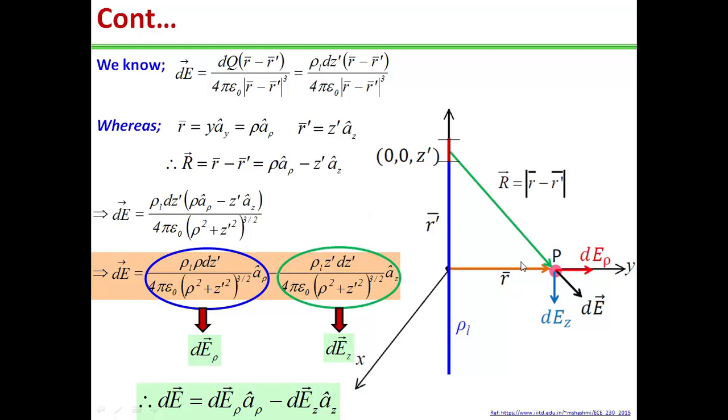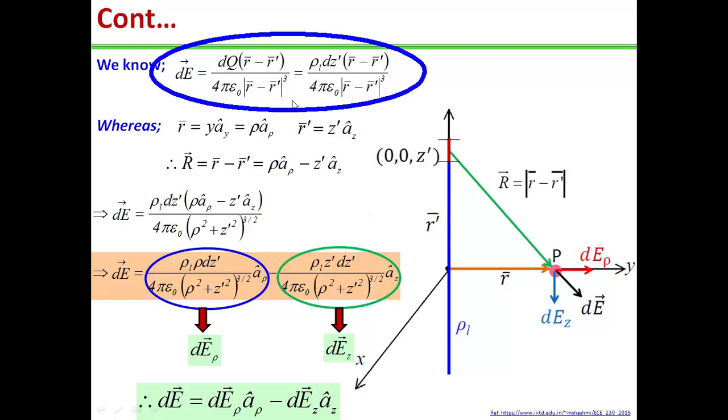So vector r can be written as y unit vector ay, and this will be equal to rho a rho in the cylindrical coordinate system, whereas the position of the incremental charge is z' az, because the incremental charge is located along the z-axis at a distance z'. So the distance vector between the incremental charge and point P can be represented as vector r minus r', and this will be equal to the position vector of point P minus the position vector of the incremental charge, which is written as rho a rho minus z' az.